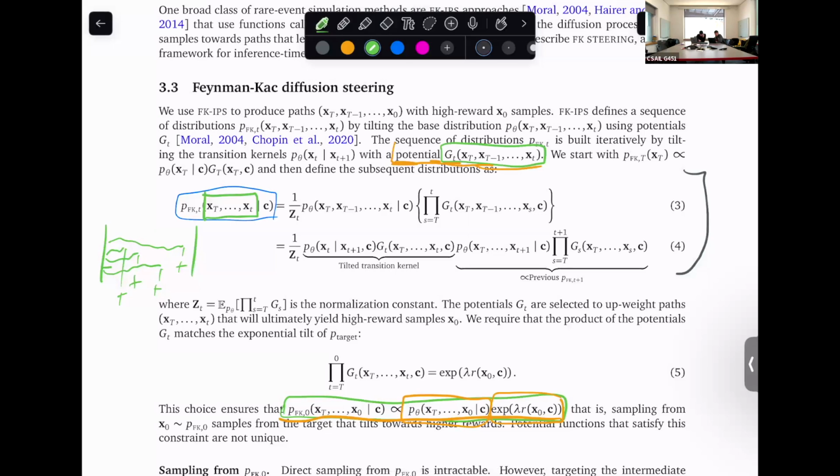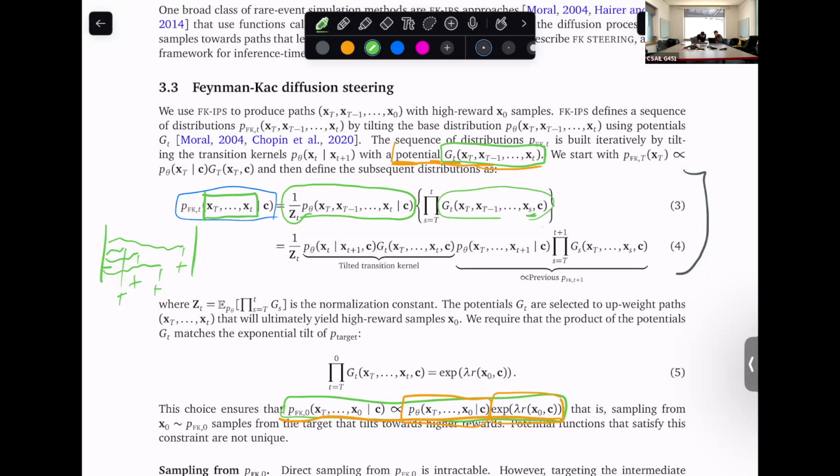And this is obtained from our normal denoising trajectory. So p theta of xt, the first term on the right, is just our normal model trajectory up to this little t. Now what we're going to do is tilt this by something. The thing we're going to tilt it by is the product of all of these potentials.